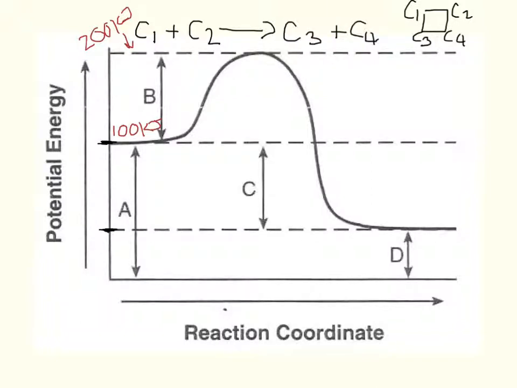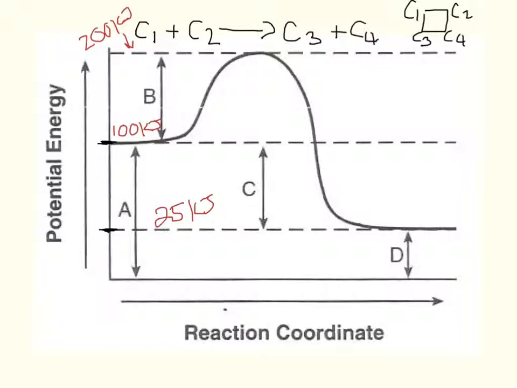And the bottom one here, let's just call that 25 kilojoules. Okay, so now we can calculate some energies here. We know from what we said before that the 25 represents this one right here, and that's also the energy of our products. And then the 100 kilojoules is going to represent this, and that's the energy of our reactants.